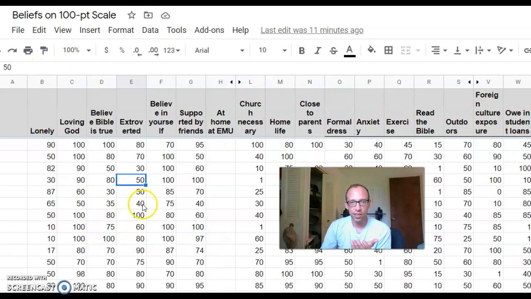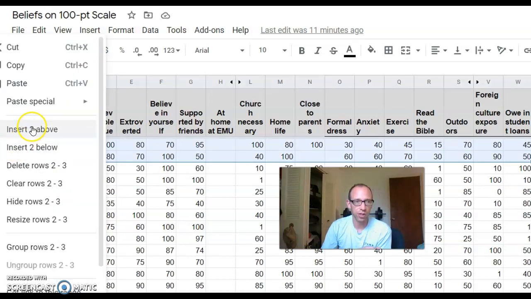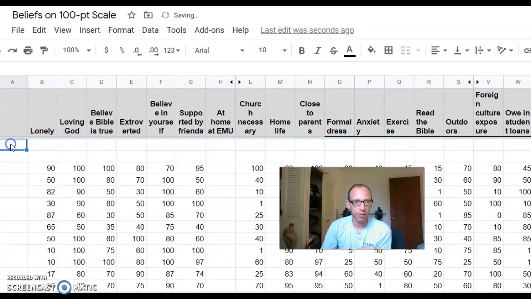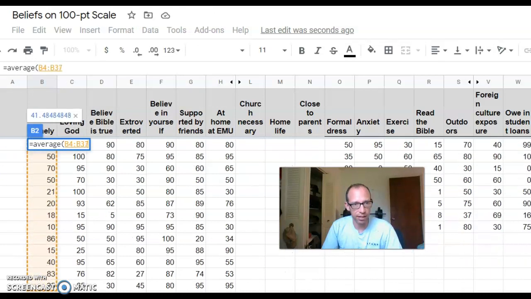So instead of just looking at all this data to start, it's kind of overwhelming. How do I make sense of all these numbers? Well, what I'm going to do is insert 2 rows. And the first thing I'm going to do is get the means. This is fairly easy. I use average of, I'm just going to select the data here.